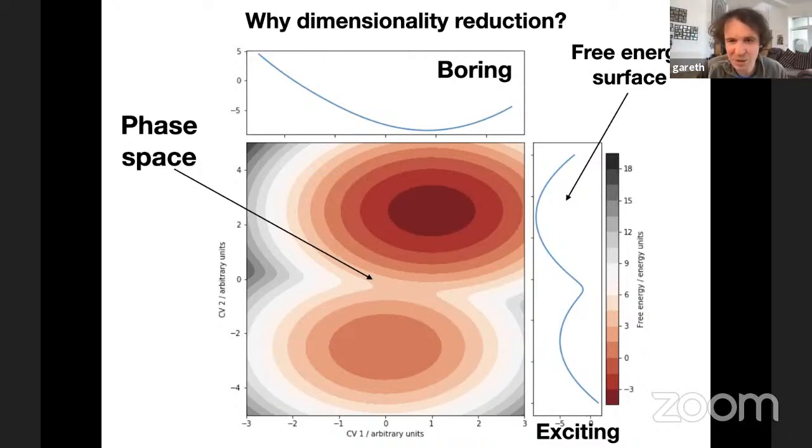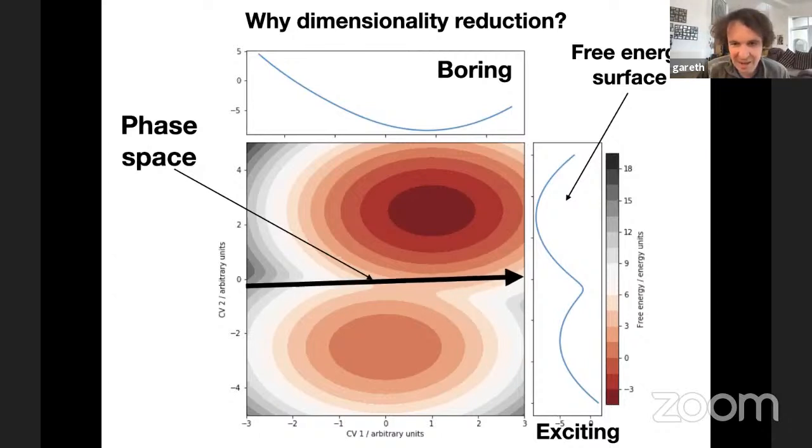Now, how can we do that? What sort of CVs can we use? Well, in this example here, we can use just one of these coordinates, like this one here. The free energy surface that I've labeled as boring, I used that arrow, that's the coordinate I used to construct that free energy landscape. And then I can use any linear combination of these coordinates that define phase space.